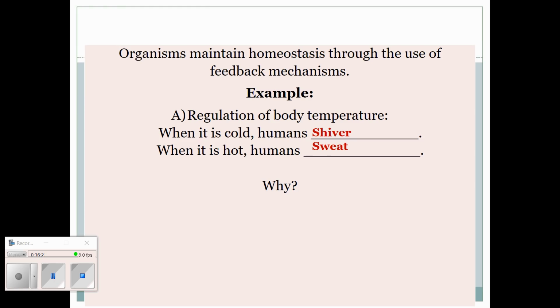Shivering is your muscles contracting, and that is helping to warm your body up on the inside. Sweating, when you're hot, of course, you need to get rid of some of that temperature, and so then you sweat. Both of these things are done in order to keep your body temperature at 98.6 degrees, regardless of what's going on the outside.